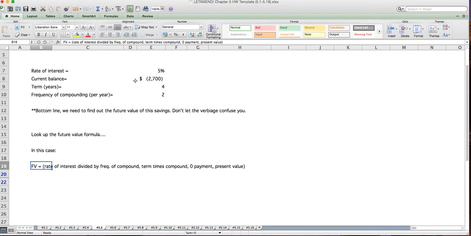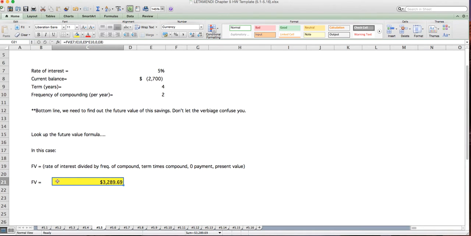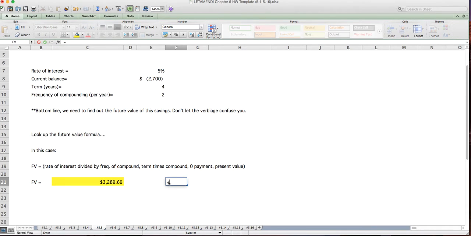The present value is already a negative because it's in parentheses. So we're good. We don't have to make it a negative when we do it. So now let's solve. And when you do it, the future value comes out to $3,289.69.